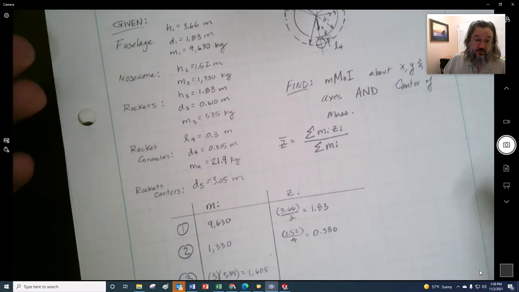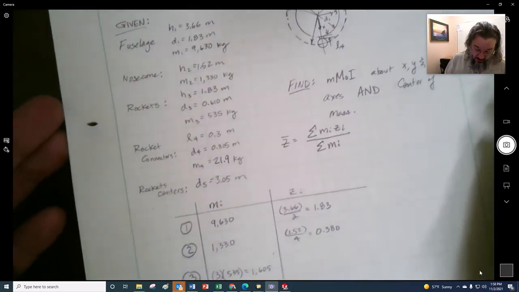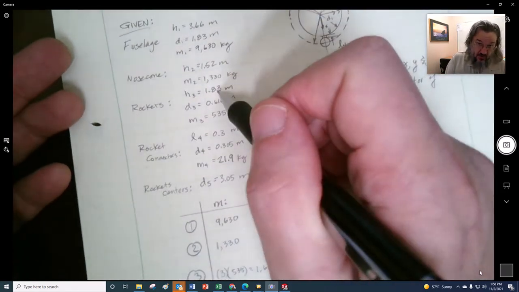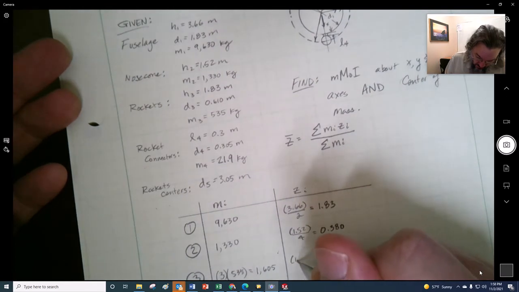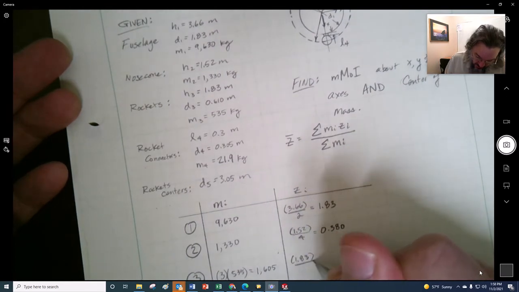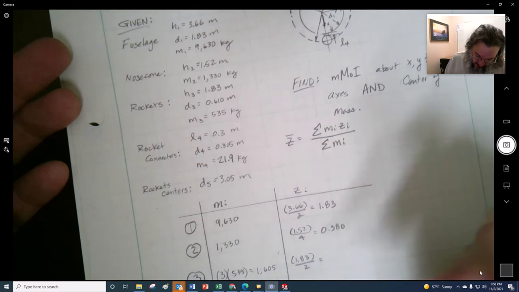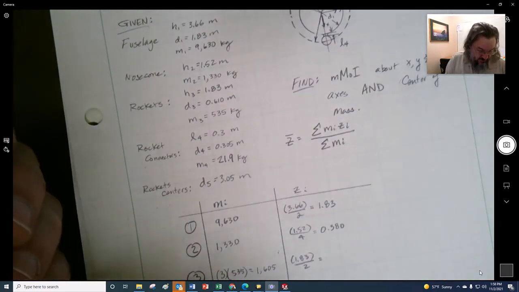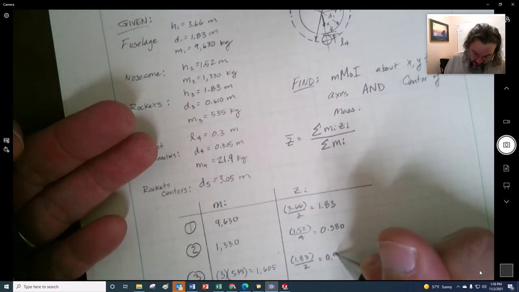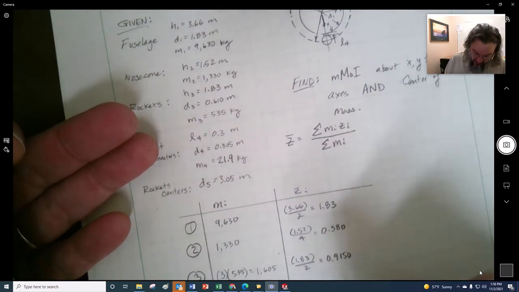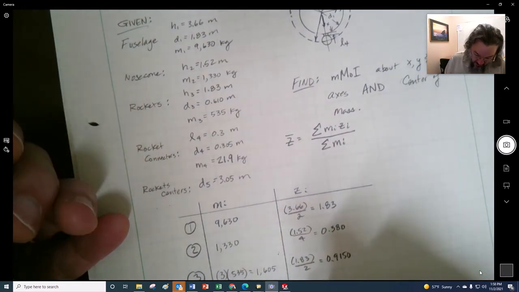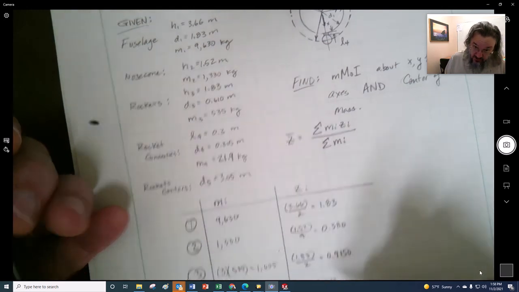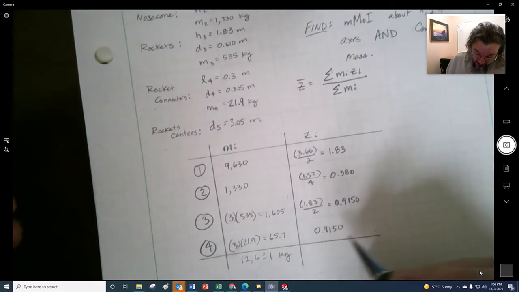So h3 was 1.83, right? And so now we're going to have 1.83 divided by 2, which is 0.915, and this is actually going to be the same value for the fourth one.